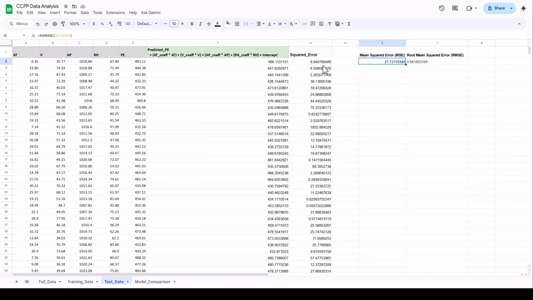So to summarize, I found out the squared error, which is basically the delta between the actual output and the predicted output, squared, for each of the input hourly values. Then I took the average of that to find out the MSE, and then I found out the square root of that to find out the RMSE.